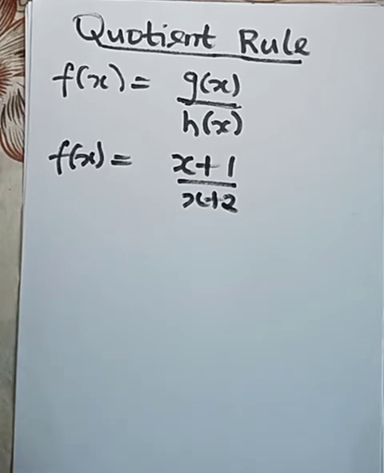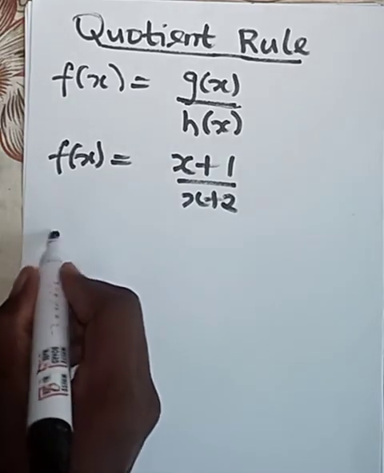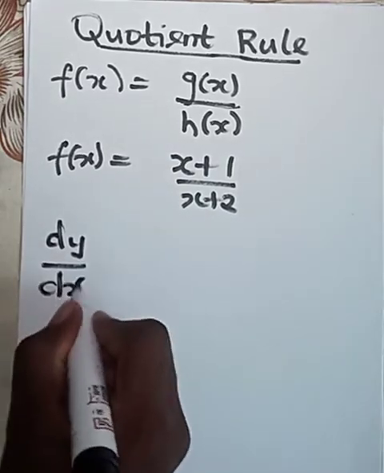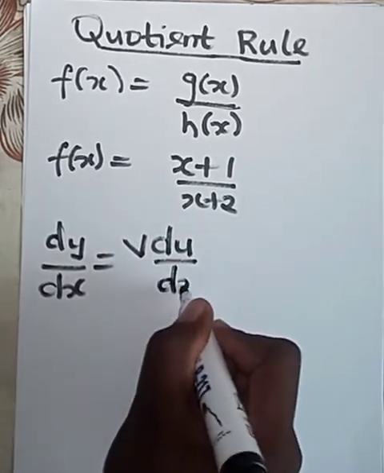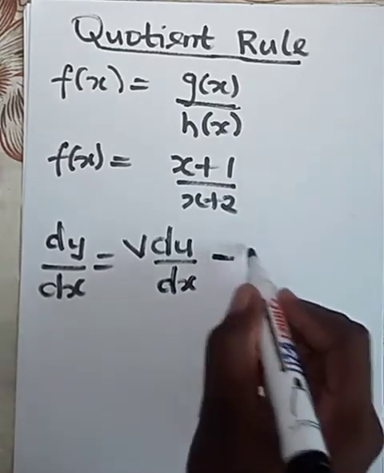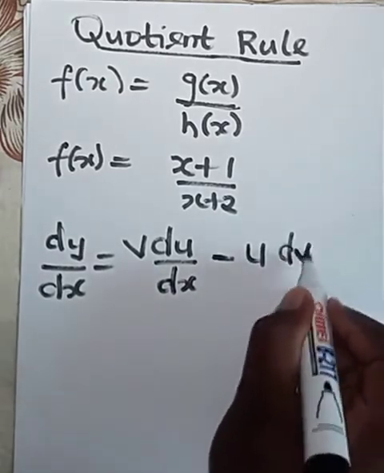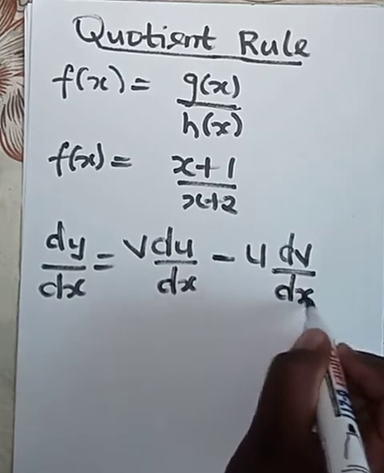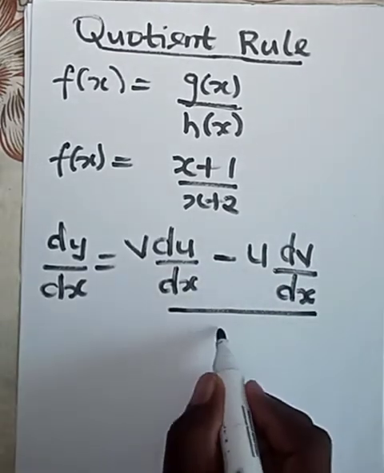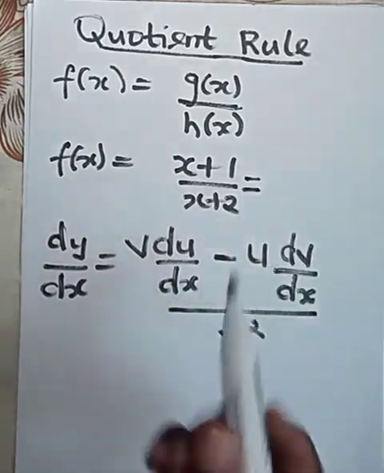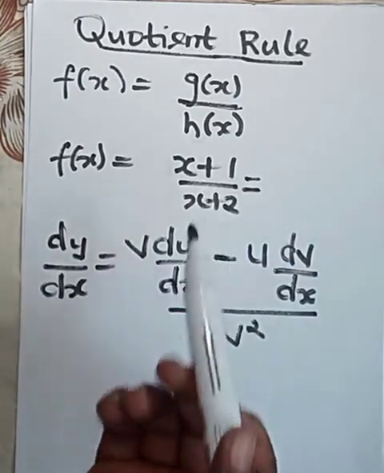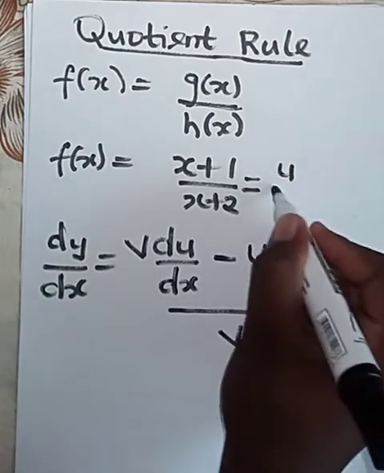As simple as this, we're going to be learning how to do this, and the formula for this is simply dy by dx is equal to v du on dx minus u dv on dx, all that on v squared. Now for easy memorization, you first have to define where your u and your v are in this equation. So I always let it be u on v.